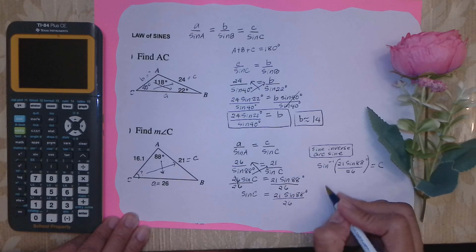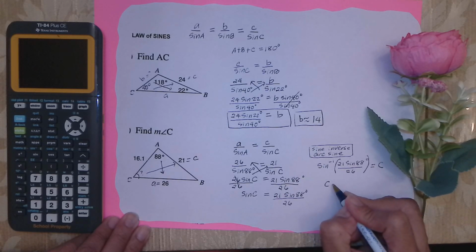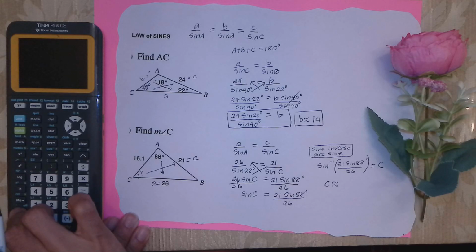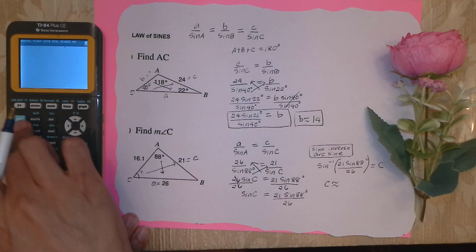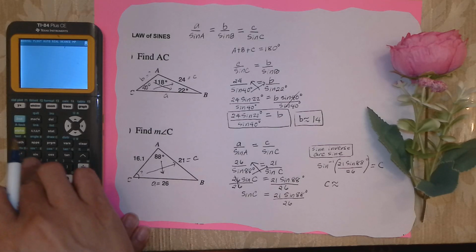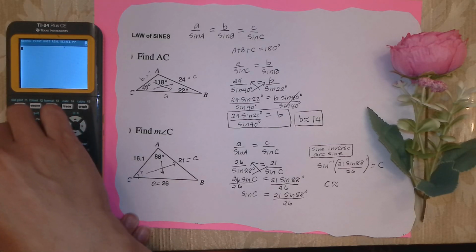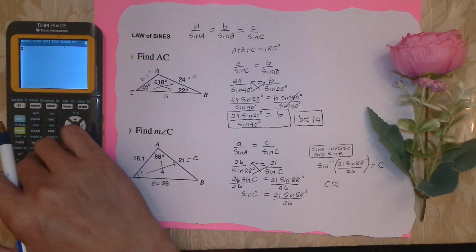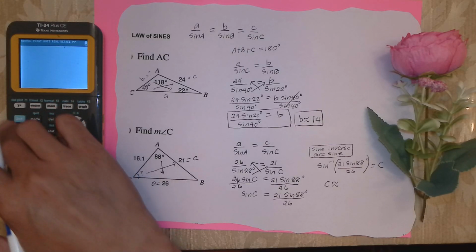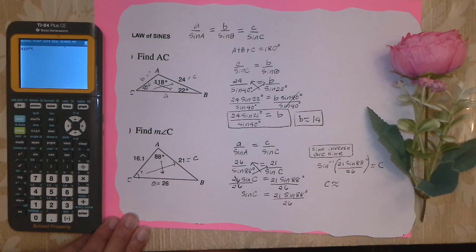So let's put that in the calculator and approximate this, rounding to the nearest whole number. The symbol for sine inverse is here, so you have to press first the second key, which is the same blue color as the sine inverse.